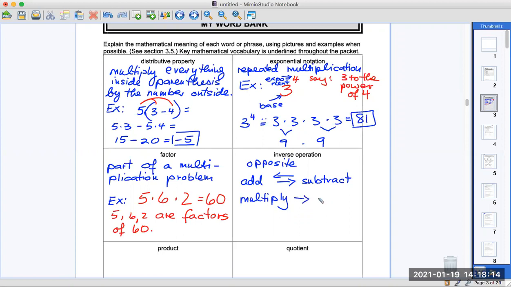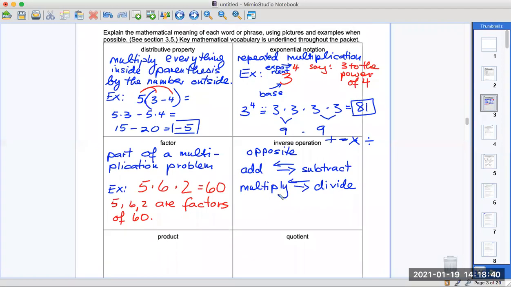For multiplying, the opposite is divide. So those are opposites or inverse operations. Okay, we have 4 operations. We have adding, subtracting, multiplying, and dividing. Those are the only 4 operations we know. And these are the opposites.